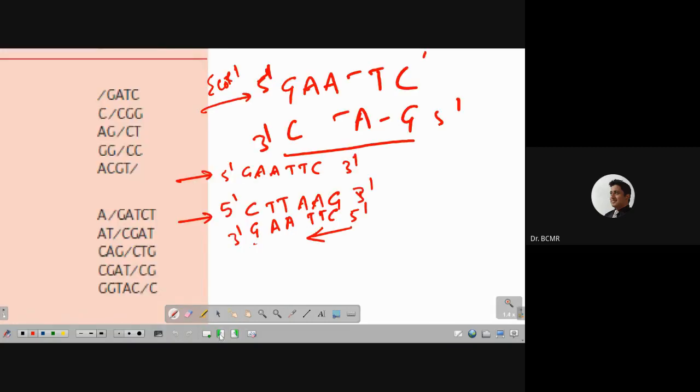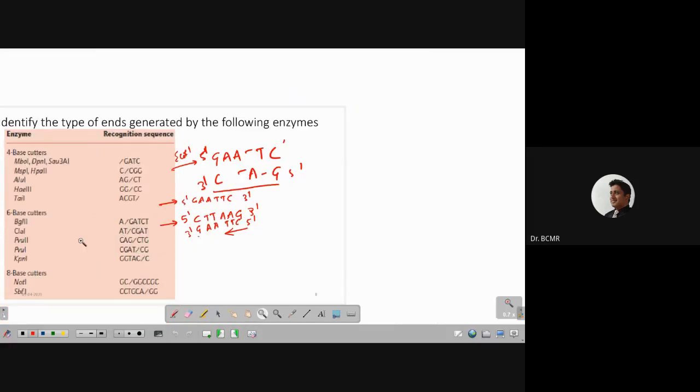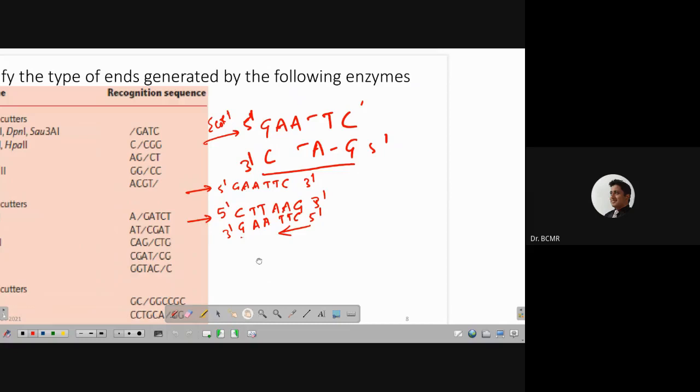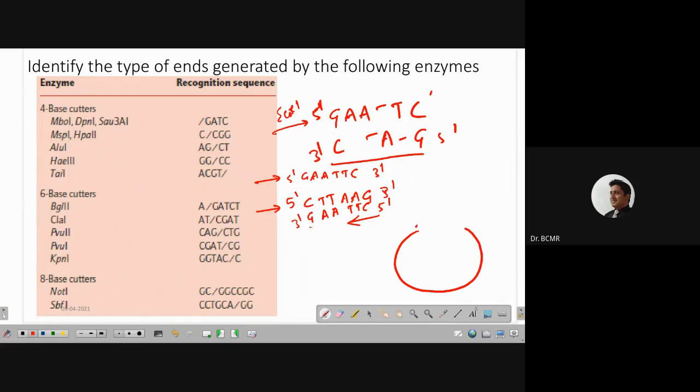So there are several restriction enzymes used to manipulate and cut DNA, because the majority of genomes, as we'll study in later classes, are very huge. One will not be able to use them directly, because it's difficult to find out if a particular sequence is present or not. Also, if I want to make recombinant DNA, if I want to clone a gene into a plasmid or a vector, then I should be able to cut a piece of DNA and ligate it.